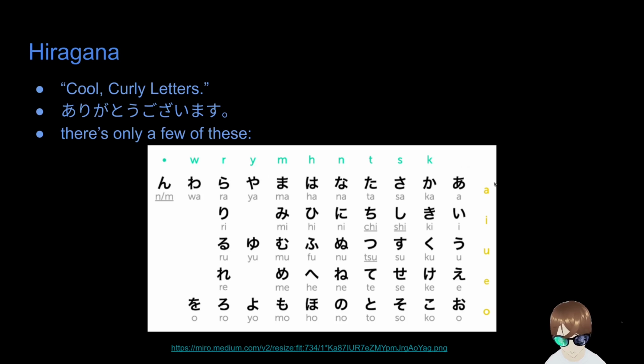You'll notice that they have an order for the vowels in this, and it's A I U E O, which is different from the A E I O U structure that English has.